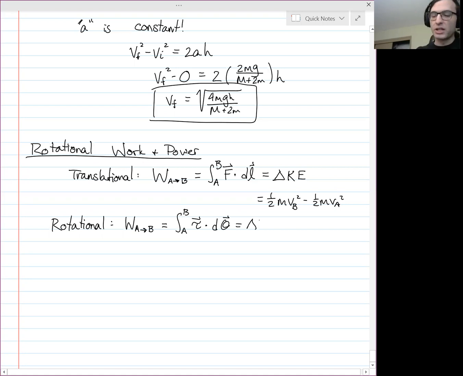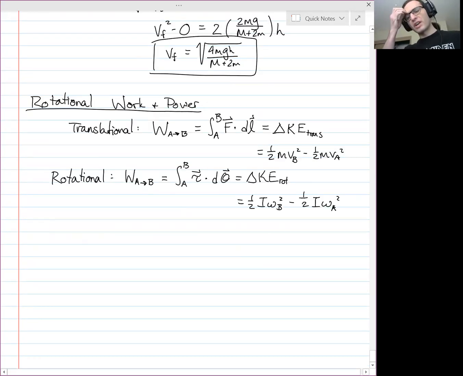And that's, again, equal to the change in kinetic energy by the work energy theorem. But this is rotational kinetic energy. I'll put rot here and trans here. So this is 1/2 I omega b squared minus 1/2 I omega a squared.